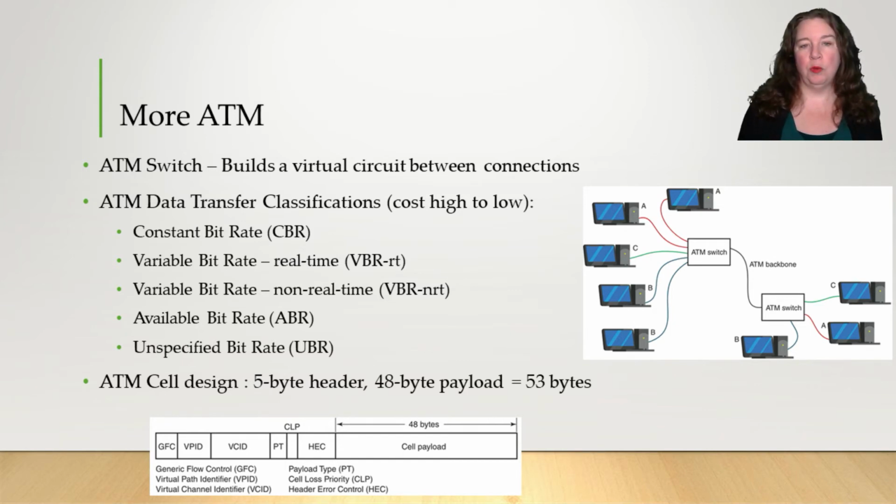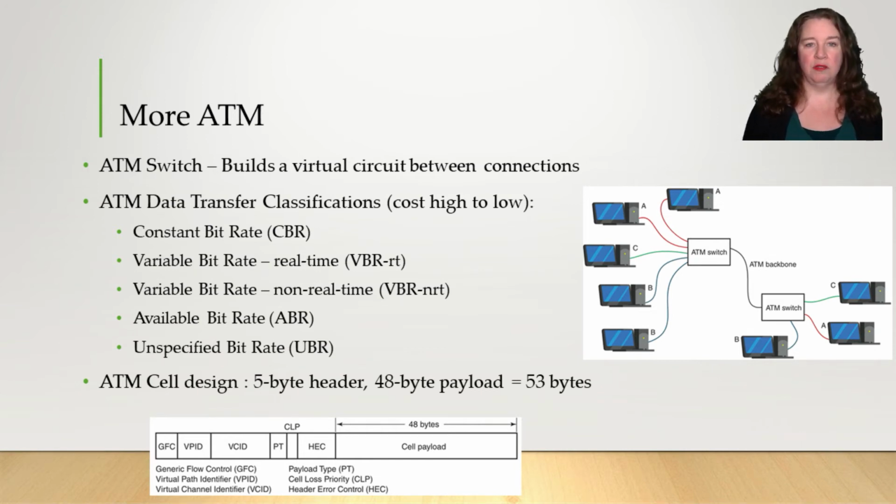Your variable bit rate real time, or RT, is designed to support real-time data rates. So things that need to go real-time, those will be there. Those will be a little bit more expensive than your variable bit rate non-real-time, which also allows a variable rate depending on what data. If you're sending text files, we're going to go slower.